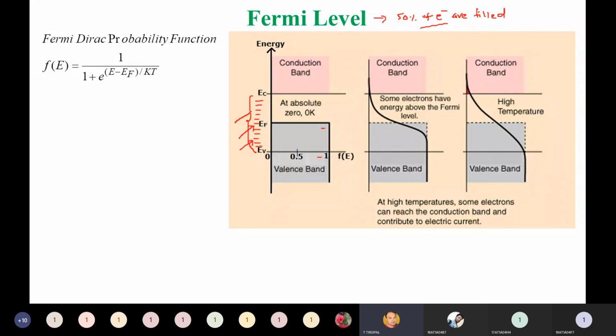So a scientist called Fermi-Dirac proposed one formula to find the probability of an electron filling these energy levels while it is moving from valence band to conduction band. That formula is called the Fermi-Dirac probability function.